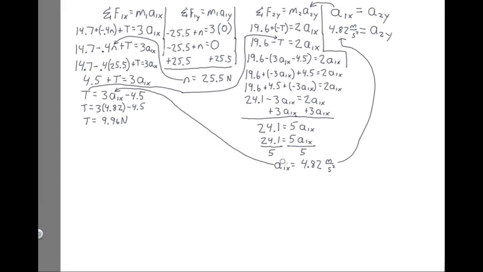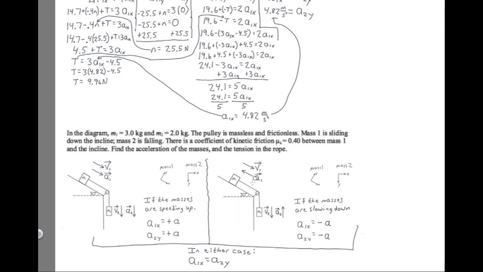Now let's ask whether our results make sense. Does the sign of this result make sense? Mathematically, a1x came out to be positive, so a2y also came out to be positive. Does that make sense? Well, in our earlier analysis, we determined that if both of the acceleration components were positive, that would be the case where the masses were both speeding up.